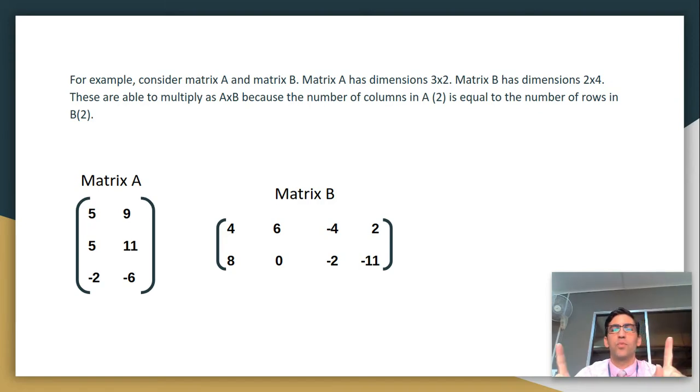However, you would not be able to flip them around. You could not multiply BA, you can only multiply AB. Because the number of columns in the first matrix, 2, is equal to the number of rows in matrix B. If you were to flip that around, they do not match up anymore.